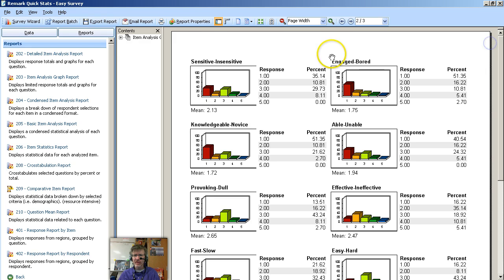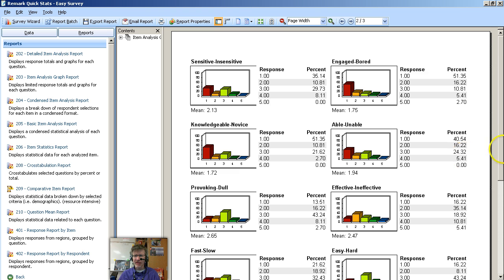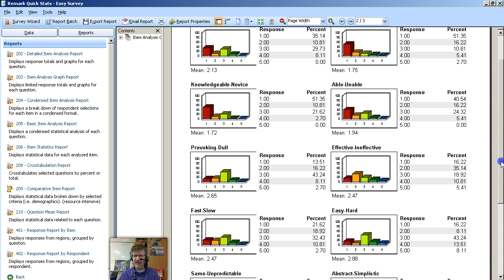What you would normally do is you would normally email or print this report. However, printing has been restricted in the demo version. So you have to content yourself with either screen captures or looking at your data all at once.